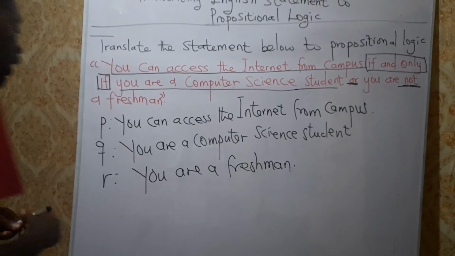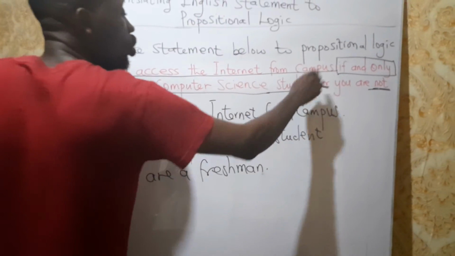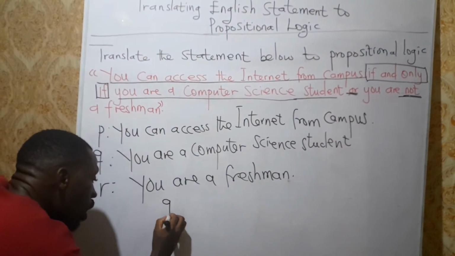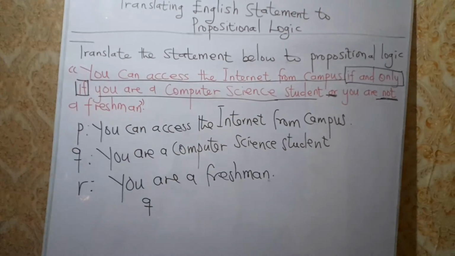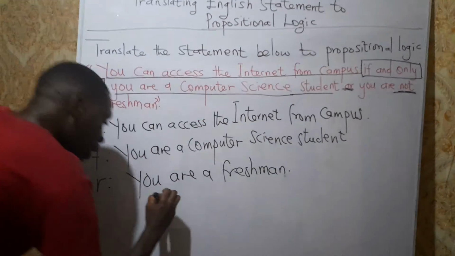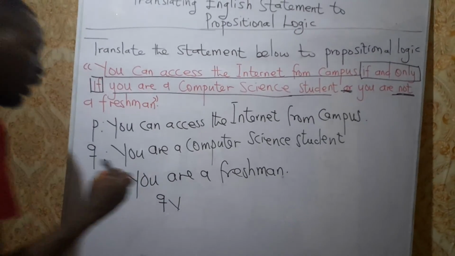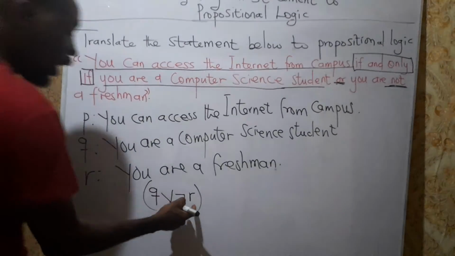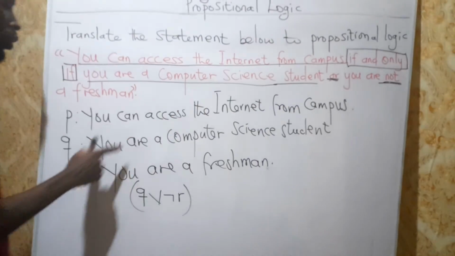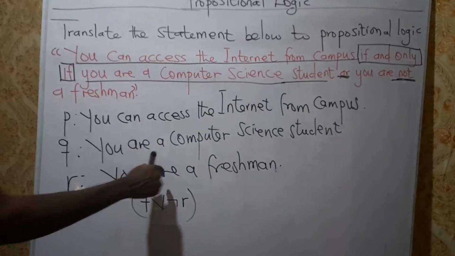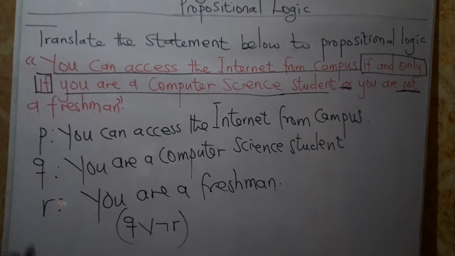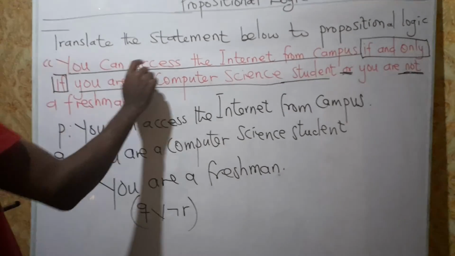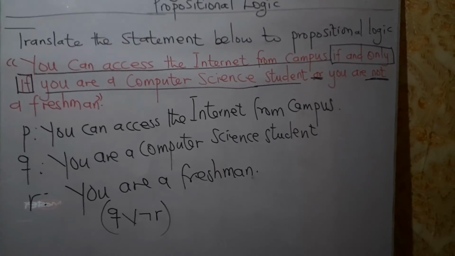So you are a computer science student or you are not a freshman will be Q, remember, or is a disjunction, Q disjunction negation of R. Remember, we negate it because of the not a freshman. The statement actually should be you are a freshman, so when it is negated, not a freshman. And this becomes the conclusion of the statement. Then you can access the internet from the campus becomes the hypothesis.